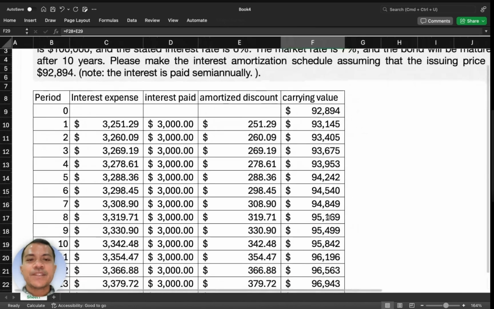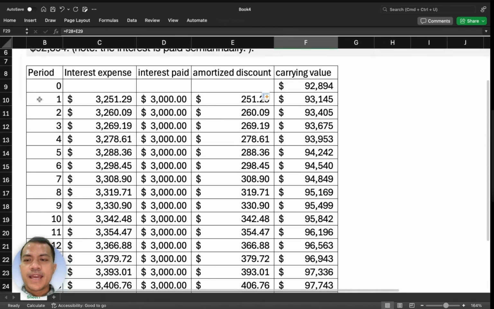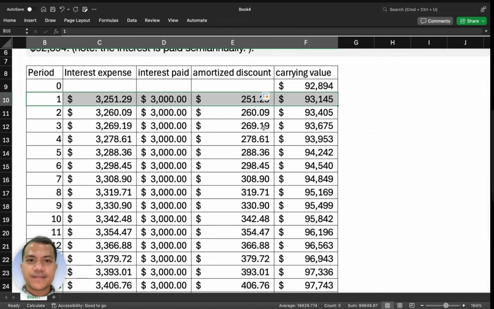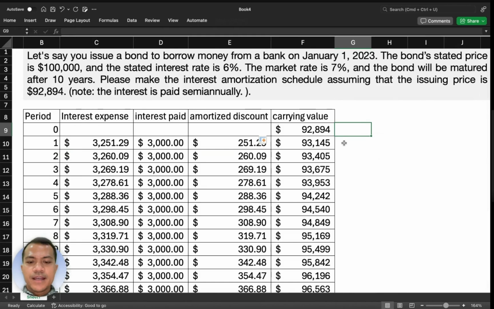If the question asks you to make the journal entries at this date, let's say June 30, how do you make the journal entries? You have to record interest expense.